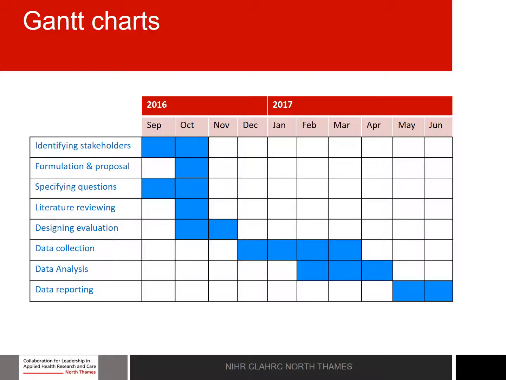It's important to think about the timing of when the findings are likely to be made available, as this will influence whether or not they are likely to affect decision making. Gantt charts are also useful to think about how resource requirements are spread over the course of the evaluation timeline, for example to identify periods when additional resources or expertise might be needed.